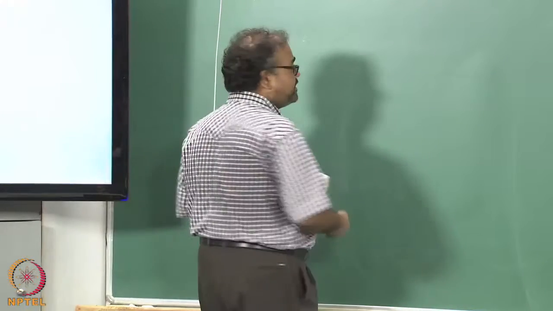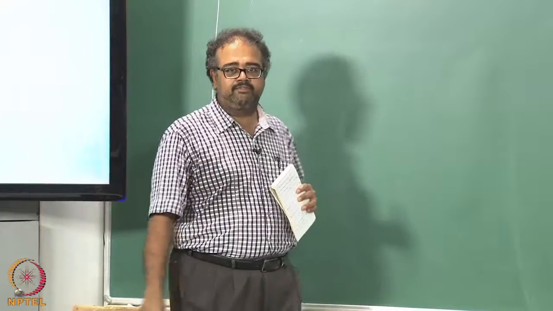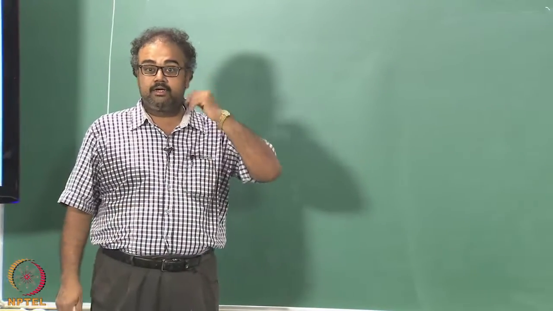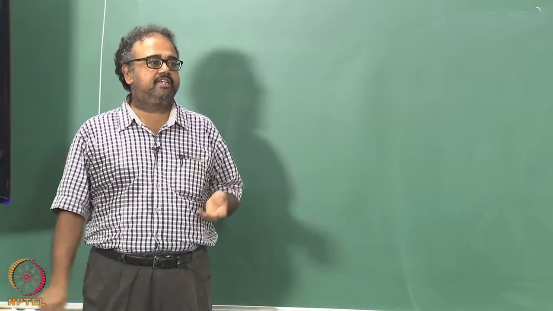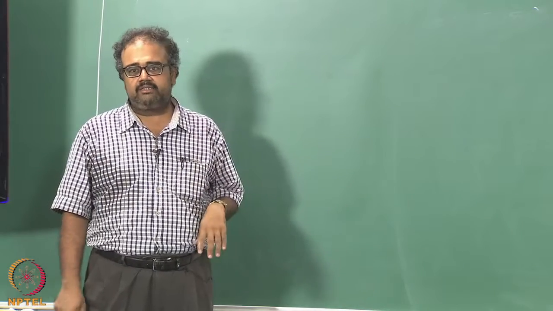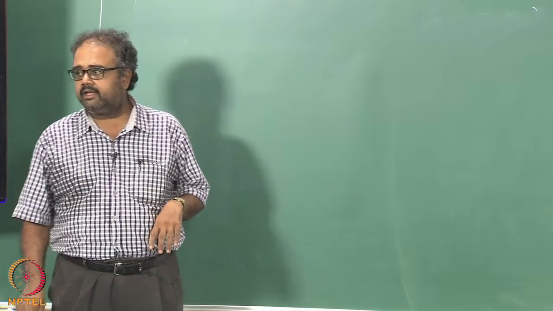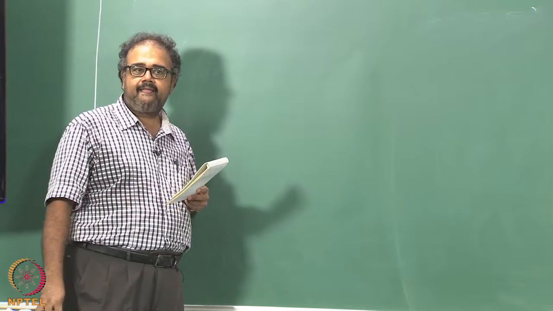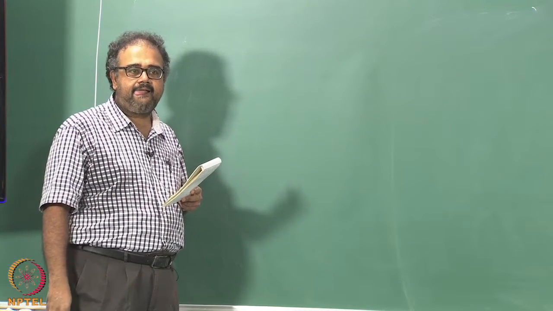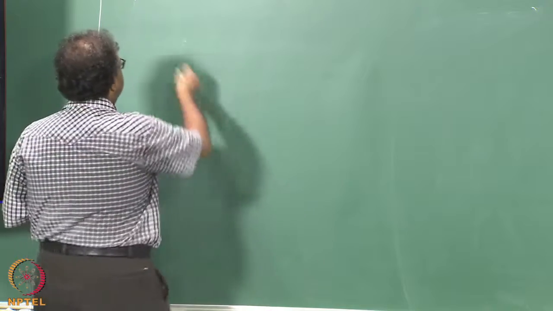Right. So I said there are two ways in which we can build linear classifiers. One was the discriminant function approach, where by comparing discriminant functions we decide what the separating hyperplane is. And what is the other approach? Modeling the separating hyperplane directly.